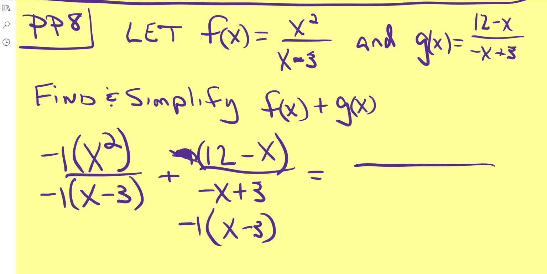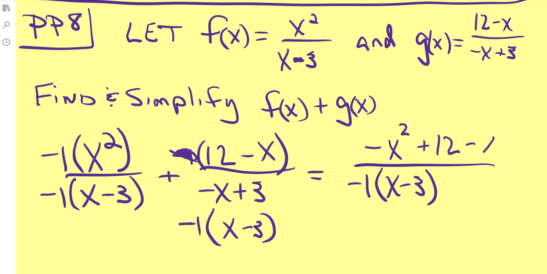I've got a denominator of negative 1 times x minus 3. And then on the top, I've got negative x squared plus 12 minus x. Okay?